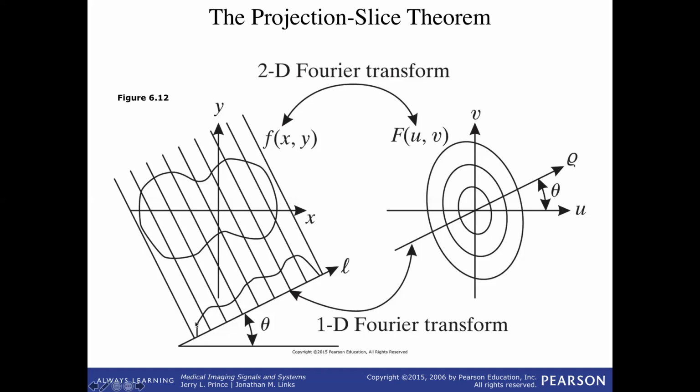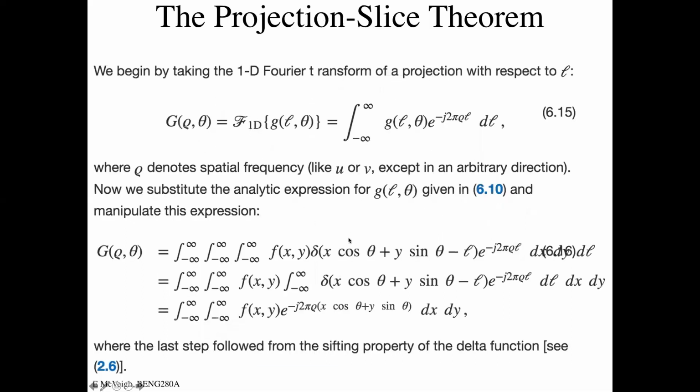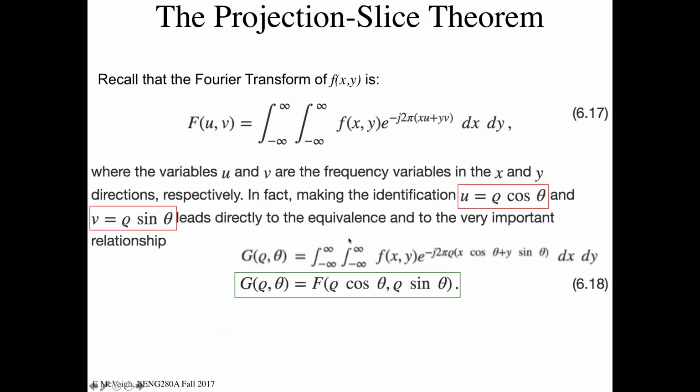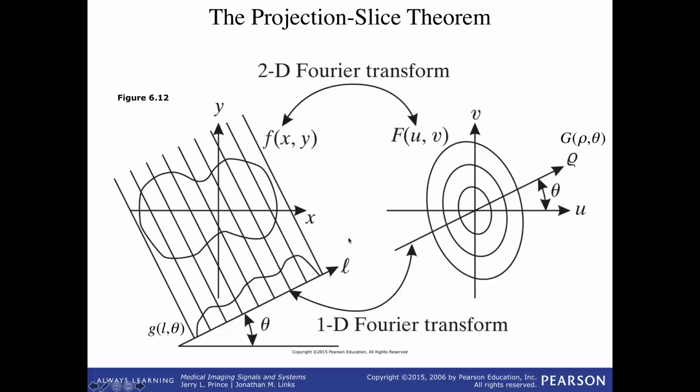We take this function g(L, theta), and we take its Fourier transform along the L direction. Remember, theta is really a parameter now.